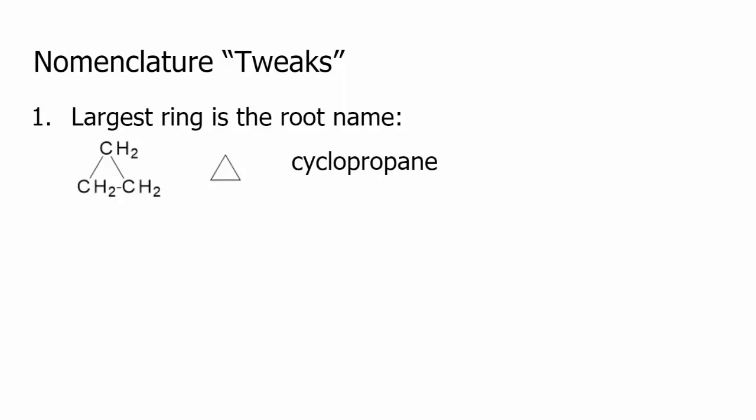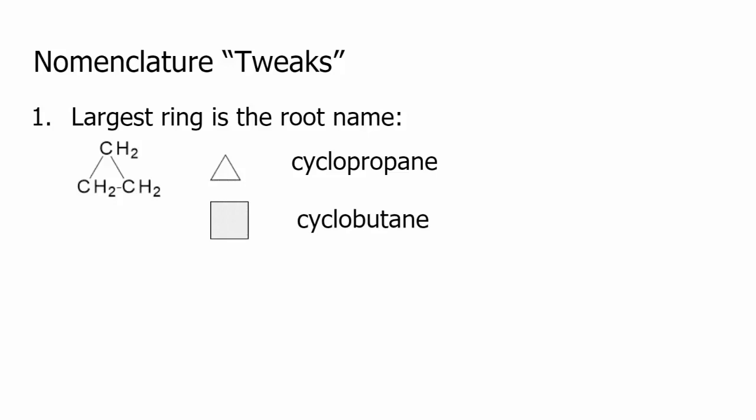Cyclo means a ring, prop because it's 3 carbons, and ane because it's an alkane. So everything about that structure, the ring, 3 carbons, and all the carbons are single bonded, is wrapped up in the cyclopropane name.